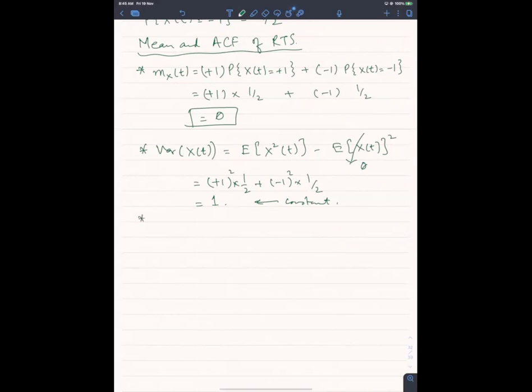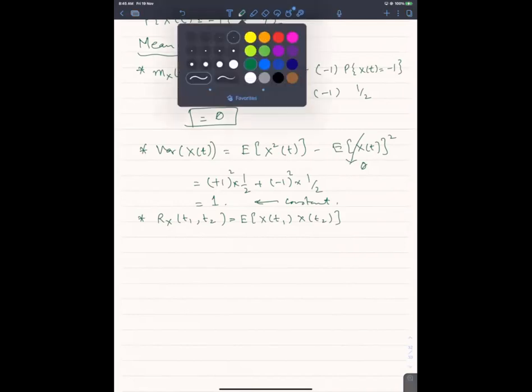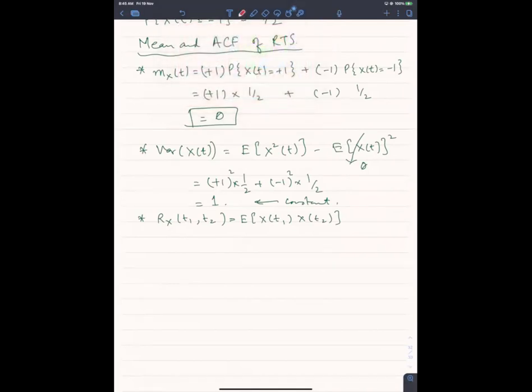Just to verify, let's find its autocorrelation function, R_X(t1, t2), which is the expected value of X(t1) X(t2). Now X(t1) and X(t2) can each take the value +1 or -1. So they will either take the same value, or they will take a different value.